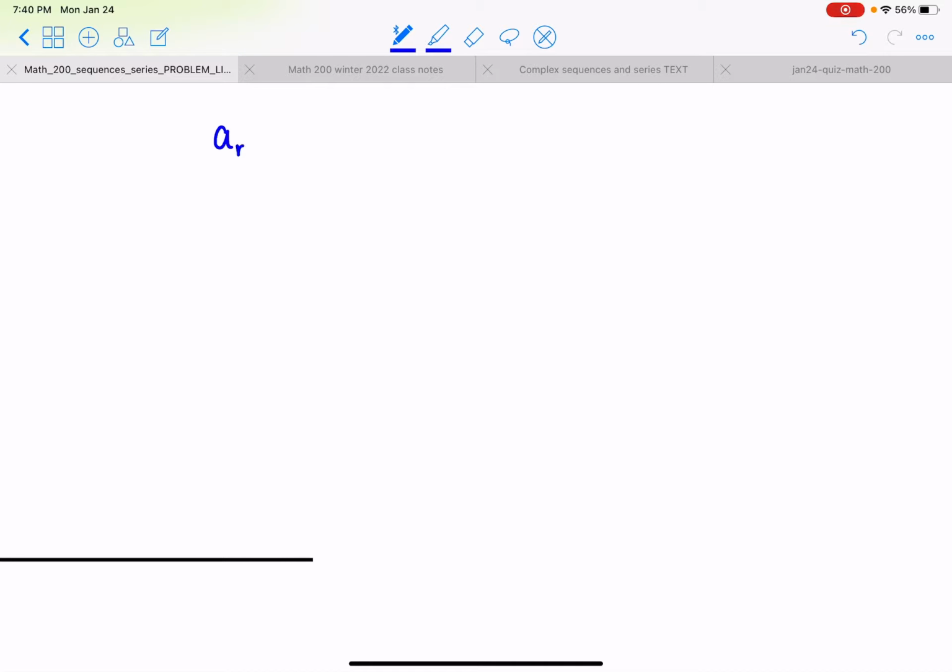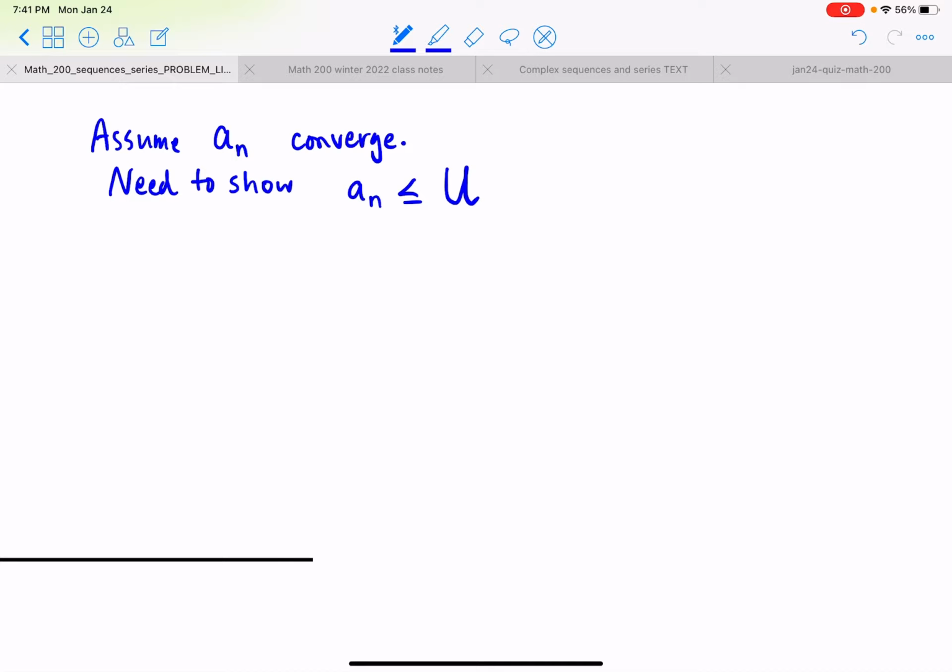It had a sequence a sub n of real numbers, and we're allowed to assume the a sub n converge, and then we need to show that if all the a sub n are less than or equal to some number u, then that implies that also their limit, the limit of the a sub n, whatever it is, is also less than or equal to u.